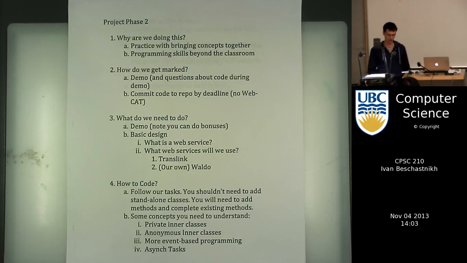We're going to go through some of the concepts that appear in Android applications that you have to be familiar with. You don't have to be familiar with them to a point where you create new objects or asynchronous tasks or anonymous inner classes, but you have to be able to read those things and recognize what they are.